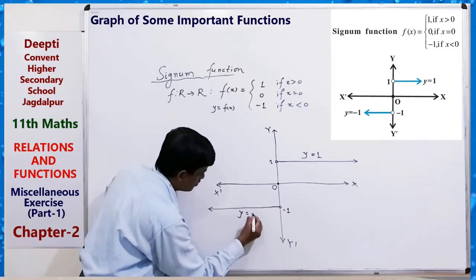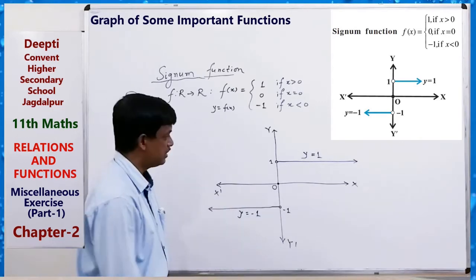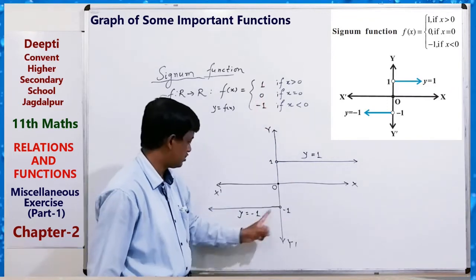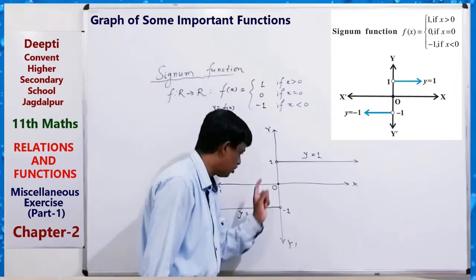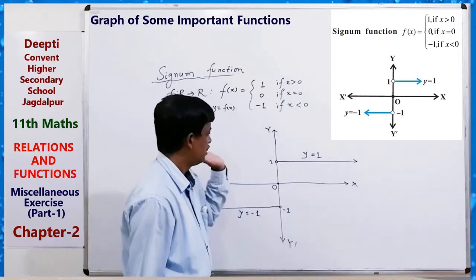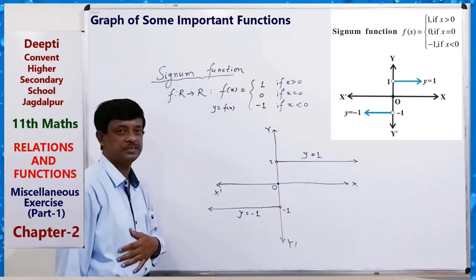Y equals minus 1 on the negative side. So this is the graph. Y equals 1 here, y equals minus 1 here, and at x equal to 0, this is a dot. So these two lines are the graph of the signum function.